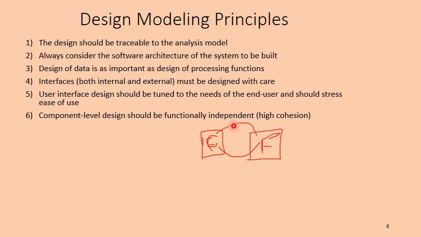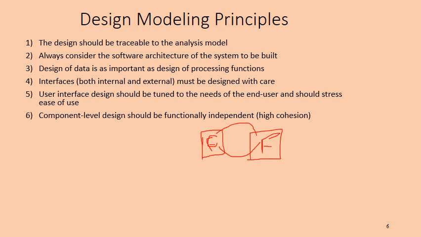So keep in mind, when you design this small component, small function, there should be very less relationships, right? You can understand it in this way also. Suppose you have one function of your system. Similarly, you are having another function of your system.